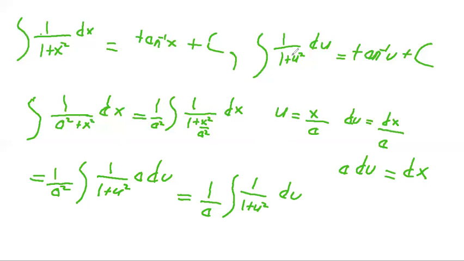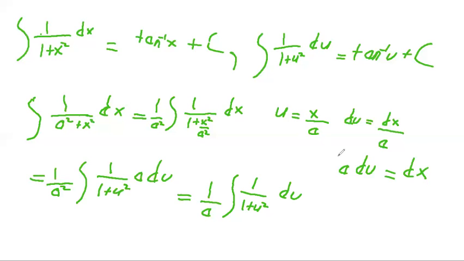We literally got this form. That, by the way, going from here to here involves the chain rule, where we're replacing x with a function of x. X is just a single variable. U is understood to be some function of x. So in this case, it was fairly simple. U is just x divided by a. That's still another function of x, right?